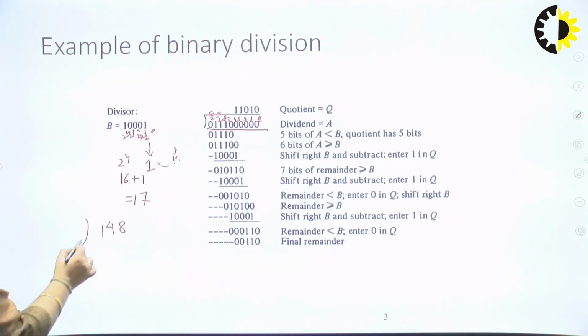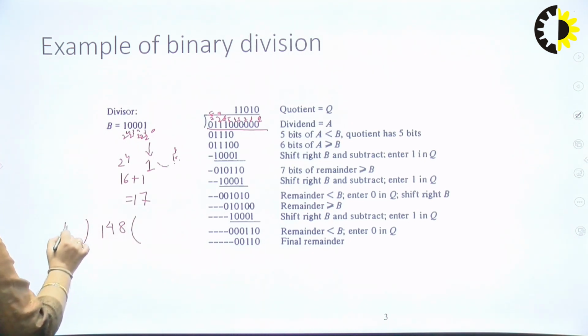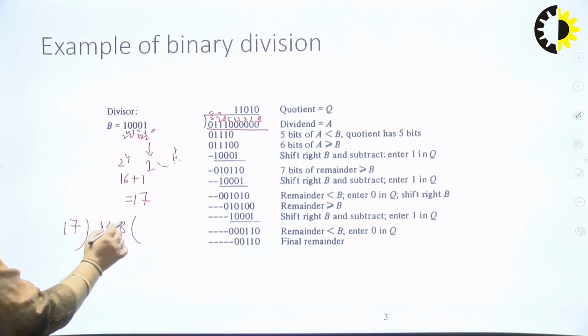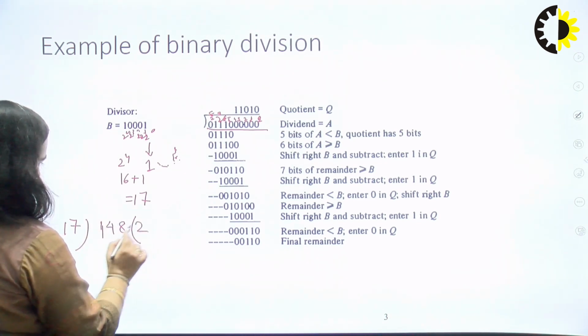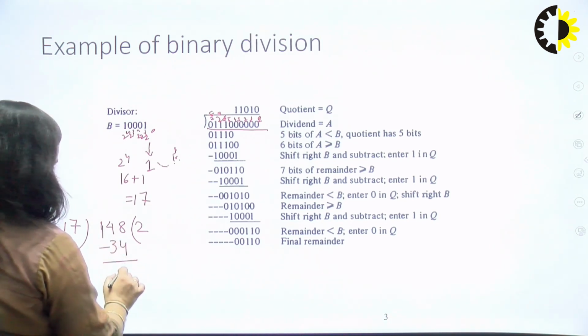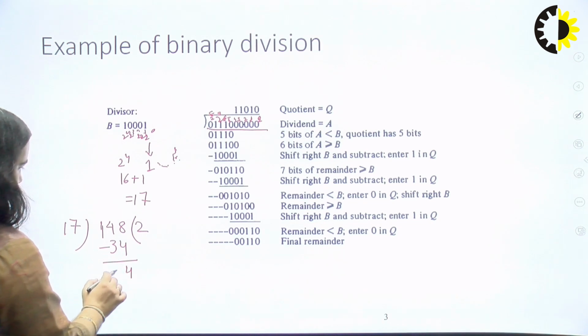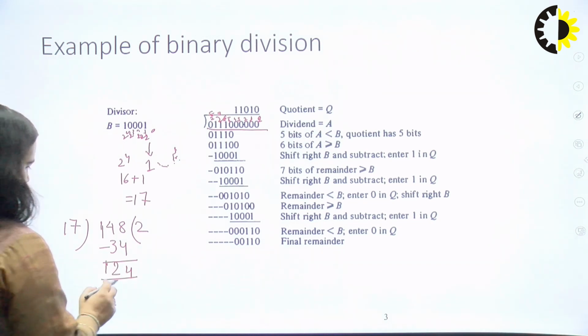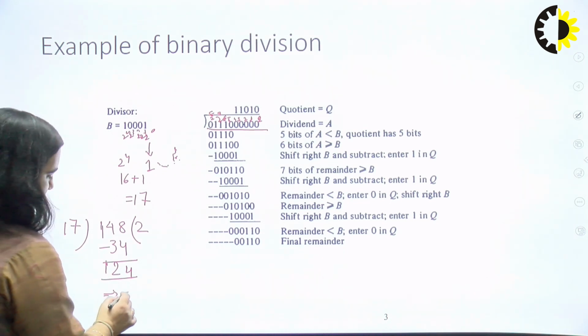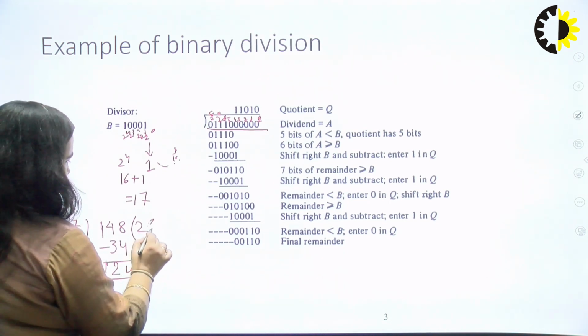So if we divide 148 by 17, we simply divide this, we get 17 times 8 is 136, 34, 4 minus 3 is 2. So finally, after performing this division, we get a remainder of 6 and the quotient is 26.